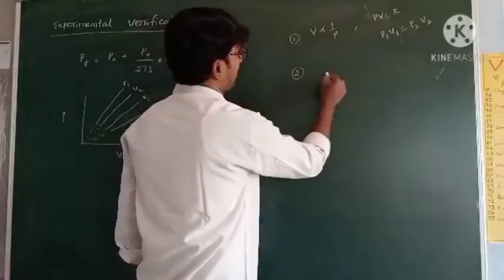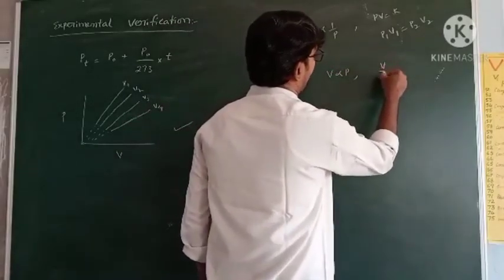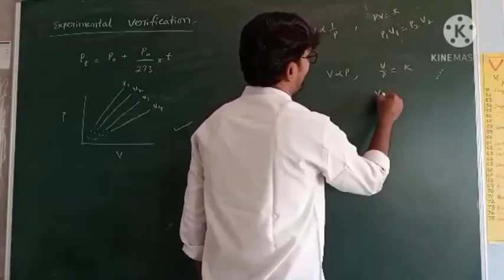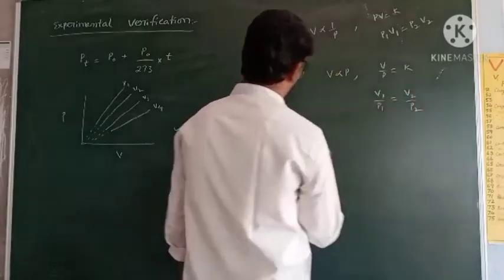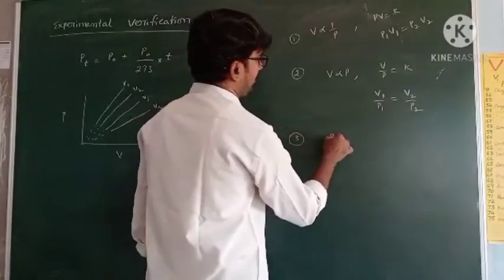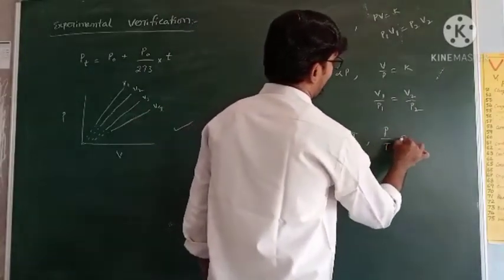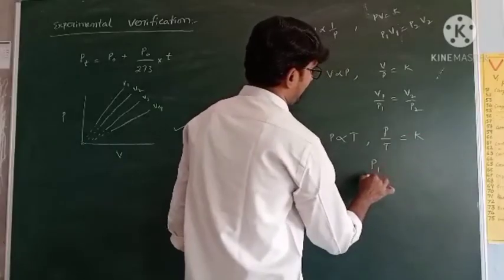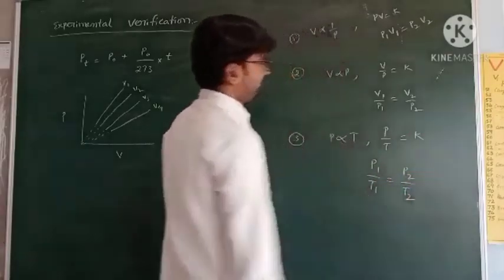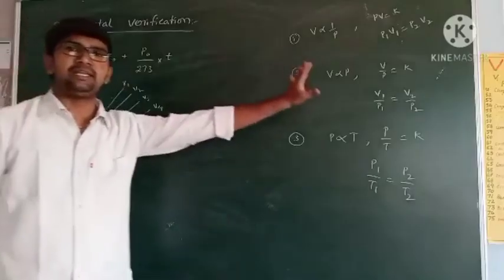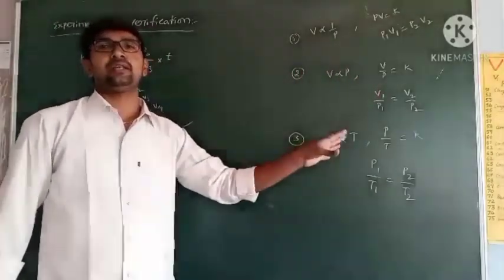Second one, Charles law: V is proportional to T. V by T is equal to K. So V1 by T1 is equal to V2 by T2. Third one, P is proportional to T. So P by T is equal to K. P1 by T1 is equal to P2 by T2. These are the main important formulas for Boyle's law, Charles law 1 and Gay-Lussac's law.